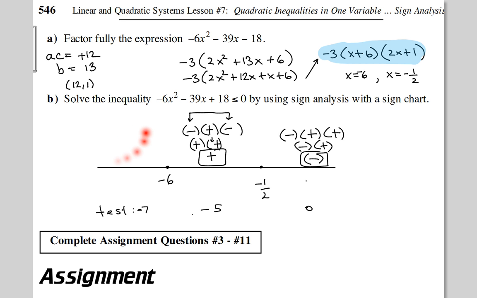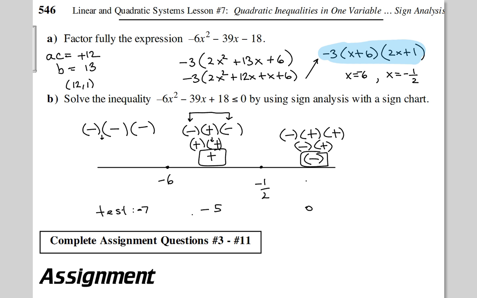Now out here, testing negative 7. The first one's negative no matter what. What's the second and third term going to be? Putting a negative 7 there, you get negative. Put a negative 7 there, you get negative. What's 3 negatives in a row?